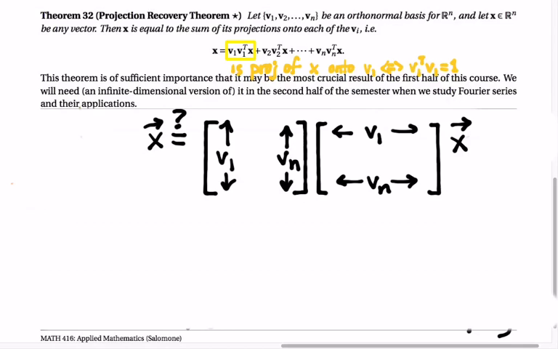So to substantiate this, tell me something about the matrices that we see here, v1 up through vn. Let's say we call that matrix on the left here M, so that what we're looking at here is M times M transpose times x. What do we know about the matrix M based on the fact that v1 up through vn is an orthonormal basis for Rn?